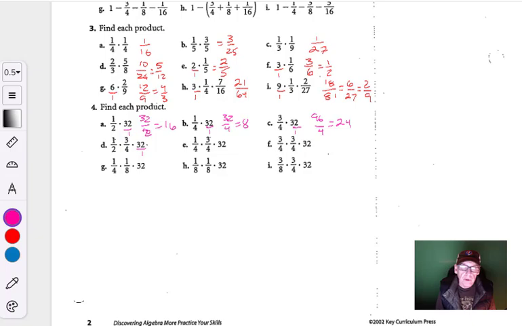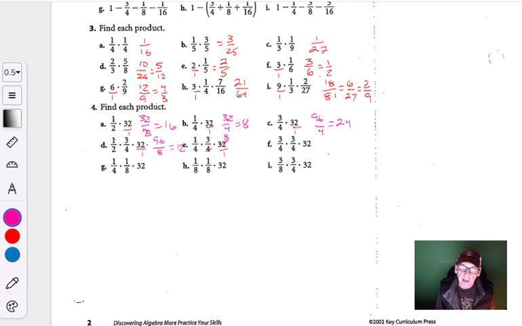For d, put the 32 over 1. We've got 3 times 32, which is 96, over 8, and 8 times 12 makes 96, so the answer to that one's 12. Looking at e, put 32 over 1. Now here's how we do some cross-canceling. I could cross-cancel a 4 and another 4 out of 32.